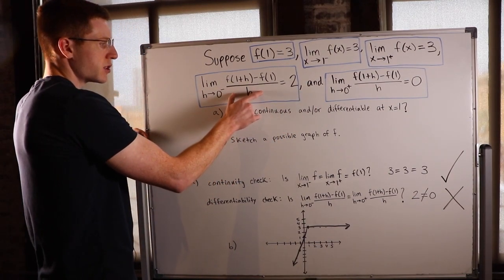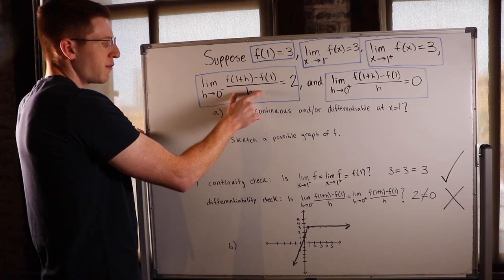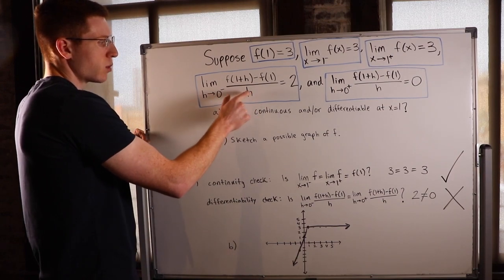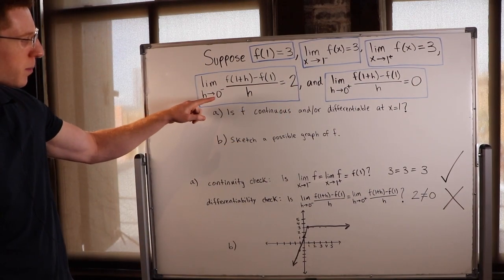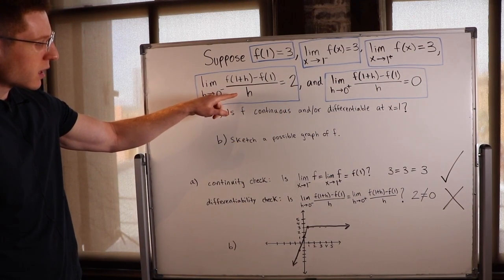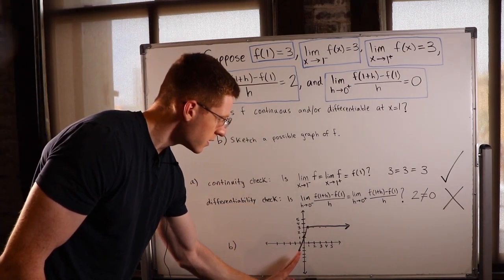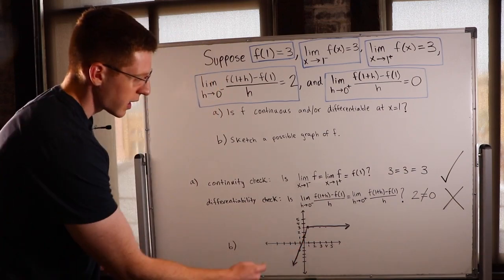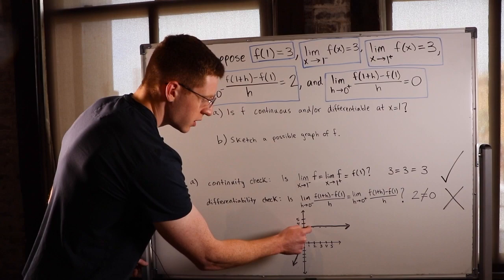This expression says that from the left side of x equals 1, the slope is 2, right? This says as you approach the differentiability check from the left side, the slope is 2. So what I did is I counted up 1, 2, 1. Rise is 2, run is 1.